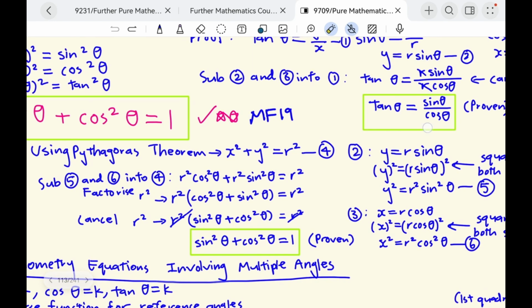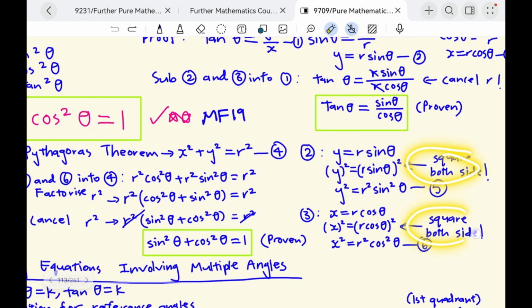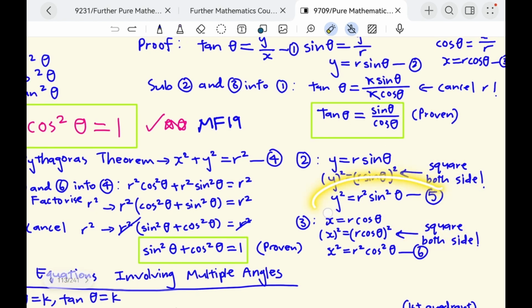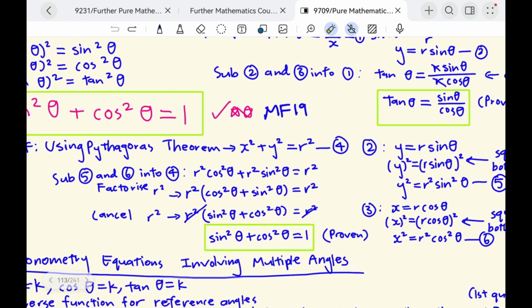So it's basically squaring both sides. These are your fifth and sixth equations respectively. Substitute both of them into the fourth equation to get rid of the term r. As you can see, x squared is replaced by r squared cos squared theta, and y squared is replaced by r squared sine squared theta.